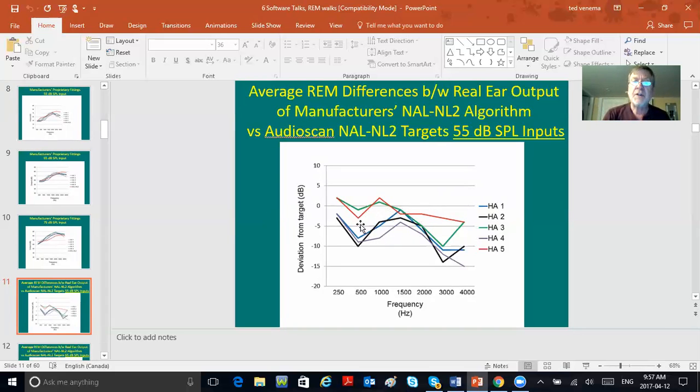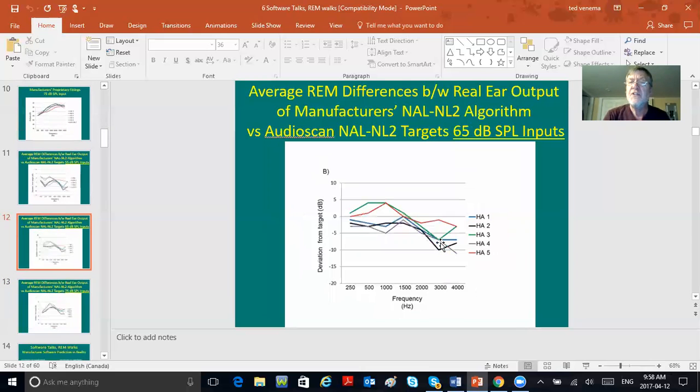And looky, here's for 55 dB inputs. Quite a bit of difference, a lot less. Again, the manufacturers back off. They tend to not provide as much. Interesting, look at this at 3K. All of them have this weird dip. Only manufacturer 3 was pretty close until they dropped off right here, but they were the best of them.